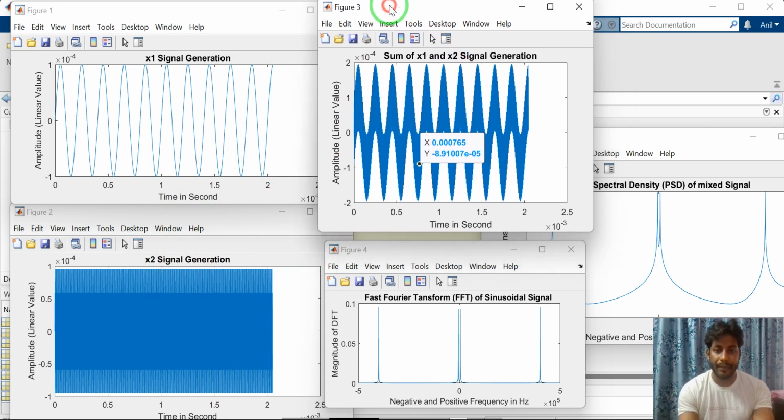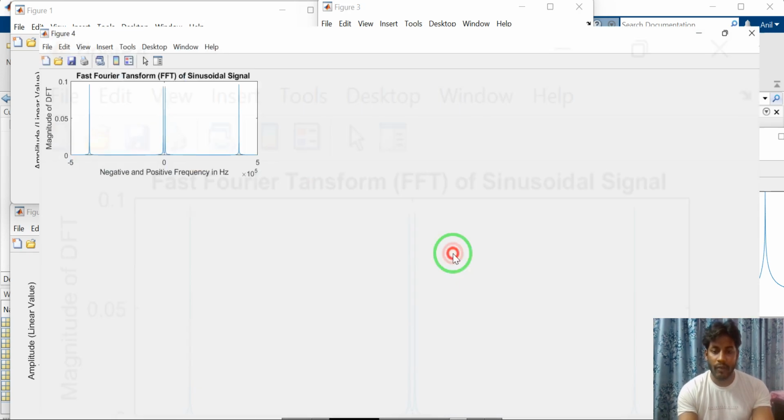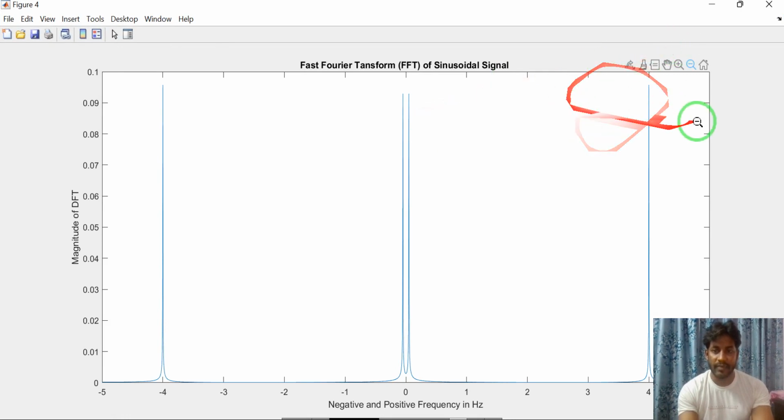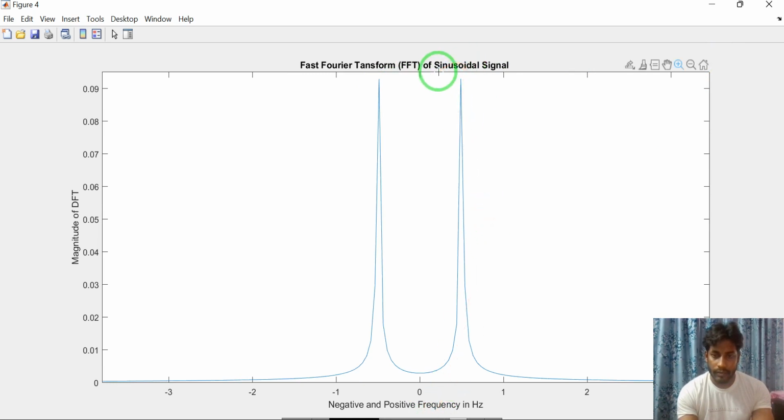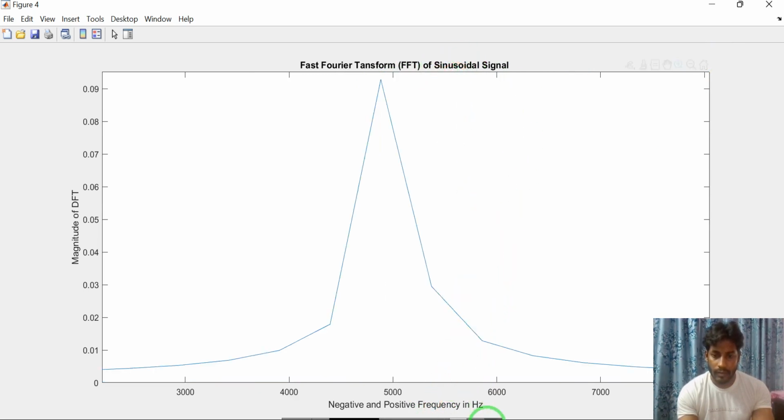Figure 3. Okay. And I have computed the FFT of this mixed signal, and the spectrum looks like this. See, I have just zoomed it, so we can see clearly. See here, 5 kilohertz. First frequency is 5 kilohertz. This frequency is in hertz, so 5000 is nothing but 5 kilohertz.